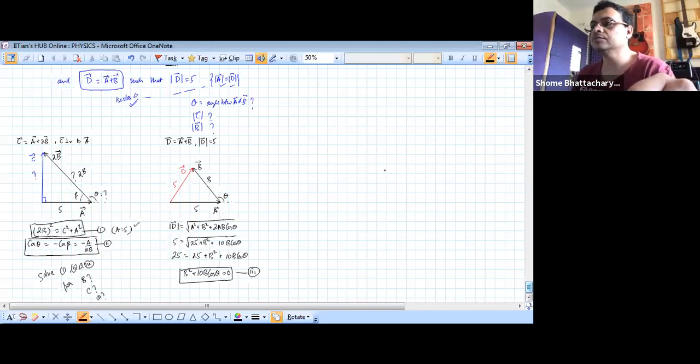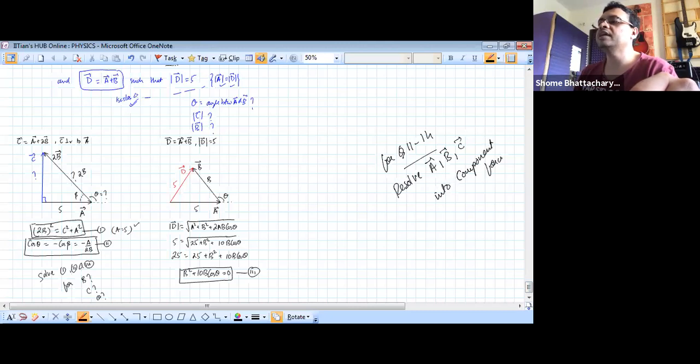So for questions 11 to 14, what you do is resolve the vectors a, b, and c shown in the diagram into component form. Okay. That is, write them in terms of I cap, j cap form. And then just calculate the options. You'll be able to do it quite easily.